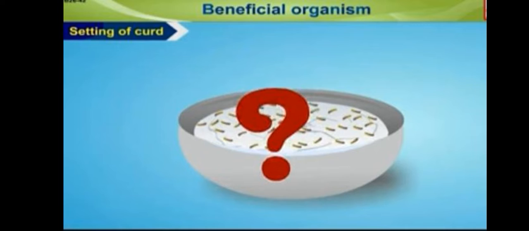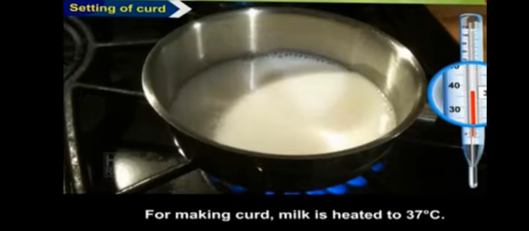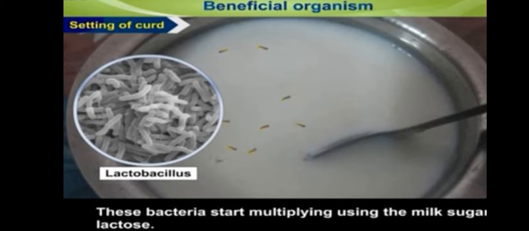Let's see how exactly this curd forms, or what is the procedure of setting of curd. To make curd, we need to heat the milk up to 37 degrees Celsius, and then we have to introduce the lactobacillus bacteria into milk.